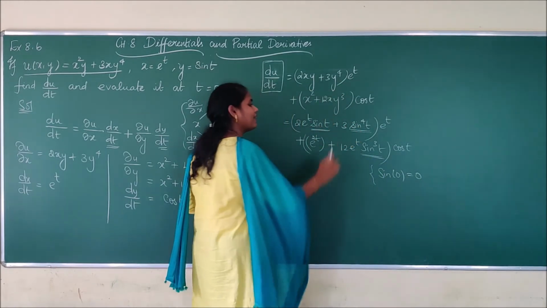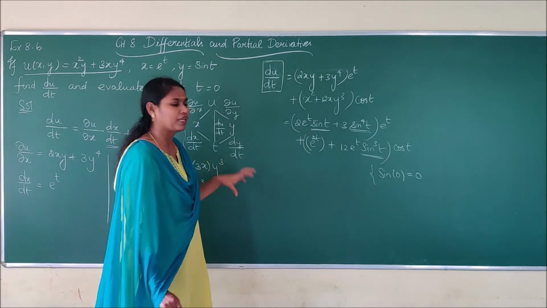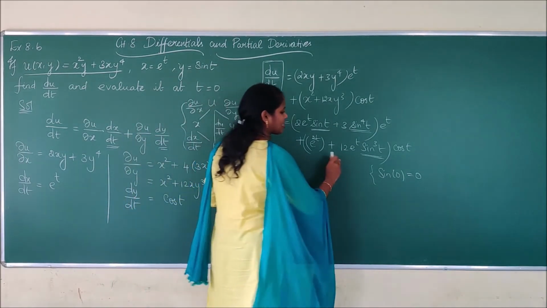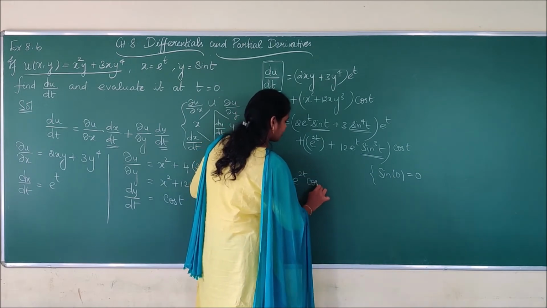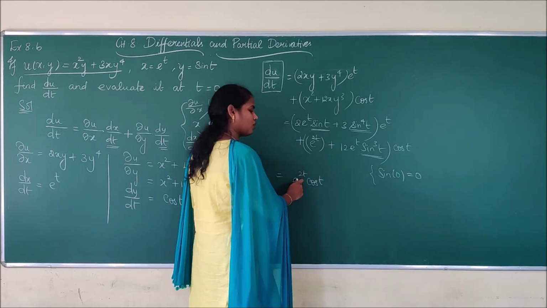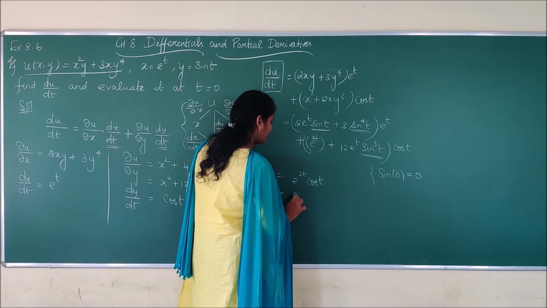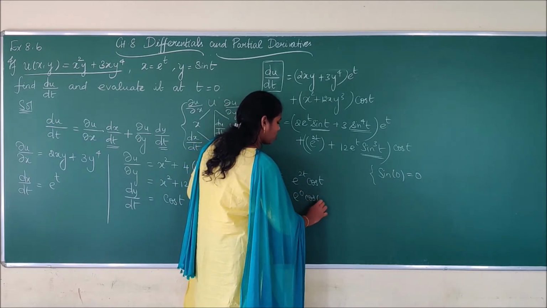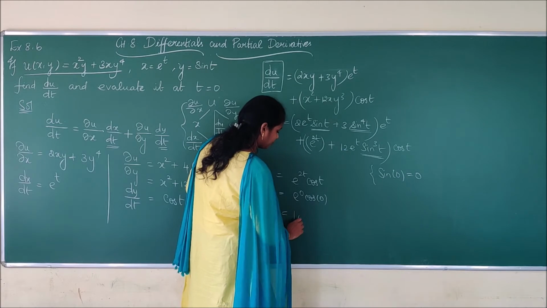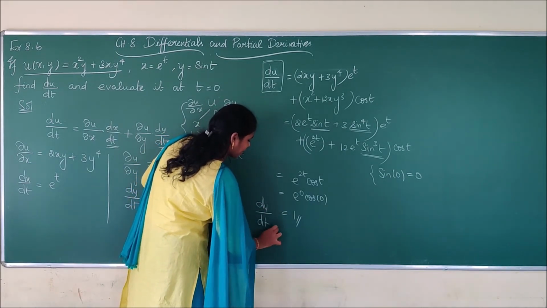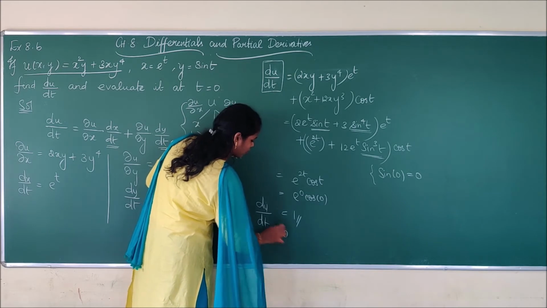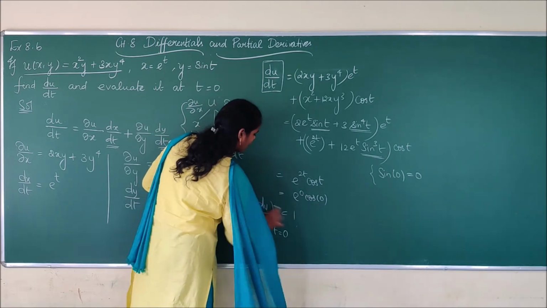So wherever I have sine, those terms will become 0. So the only term which I will get is e power 2t into cos t. So I can substitute 0 here. I will get e power 0 into cos 0, which is nothing but 1. Therefore du by dt at t is equal to 0 is nothing but 1.